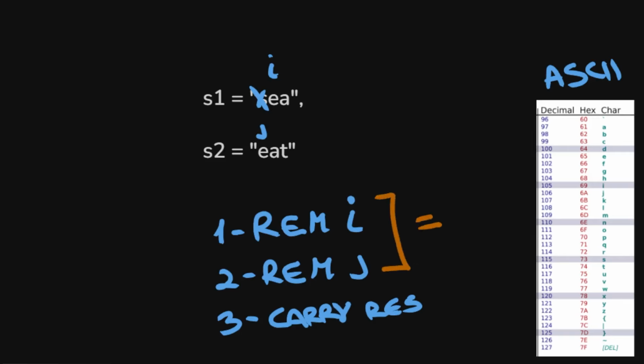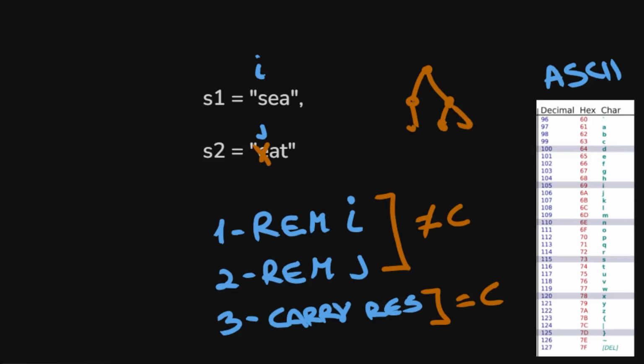But if we decide to remove this character instead, now next we have different characters again. So in this scenario we have two options again. And as you can see here, we can build our decision tree and we can carry the result at each step. So what we are using here is dynamic programming.